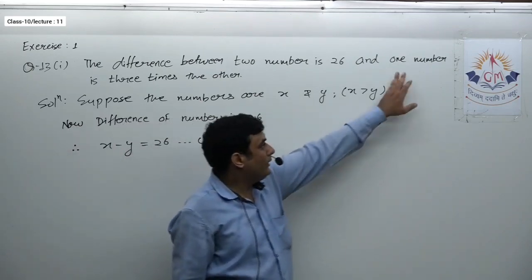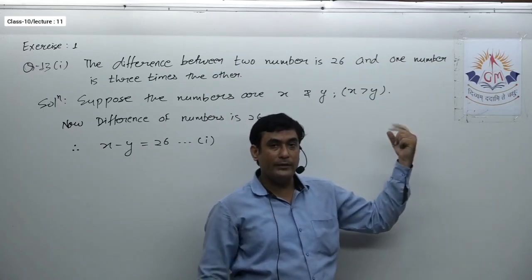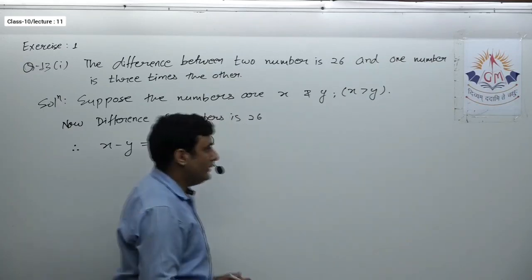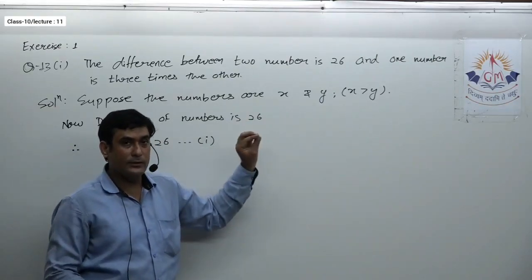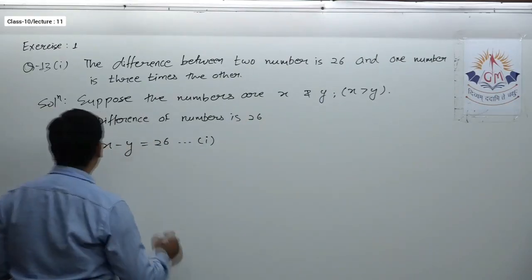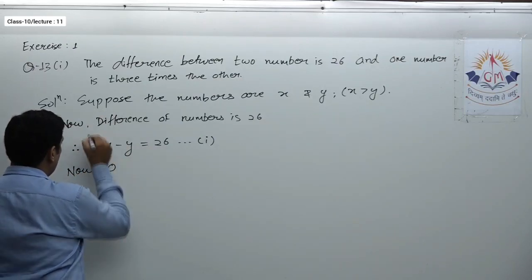Now one number is 3 times the other, but obviously the greater number will be 3 times the smaller one, isn't it? Because one number is 3 times the other one, so the greater number must be 3 times the smaller number.